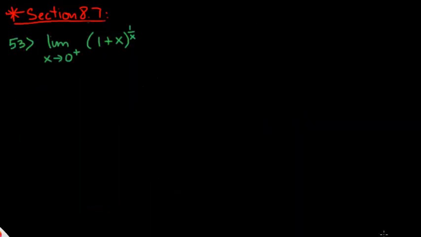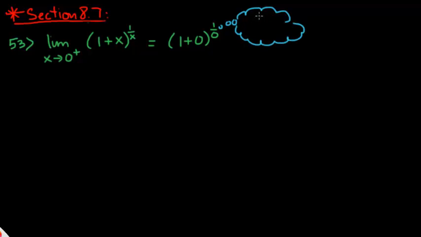Problem 53, we have the limit as x approaches 0 from the right of (1 + x) raised to 1 over x. By direct substitution, we will have 1 plus 0 raised to 1 over 0. If we graph it out, the graph looks like this.